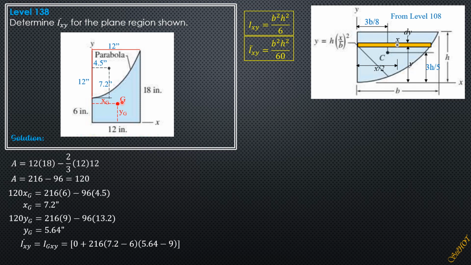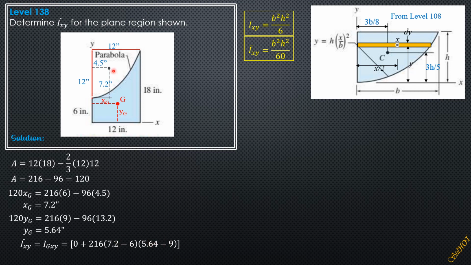Then y times yg for the parabola: for the entire region, this distance is treated as the distance y bar, which is 5.64 minus 13.2 to make it consistent. So this is xg of the entire region, yg of the entire region, then the individual x and y for the area. So that's for the rectangle.